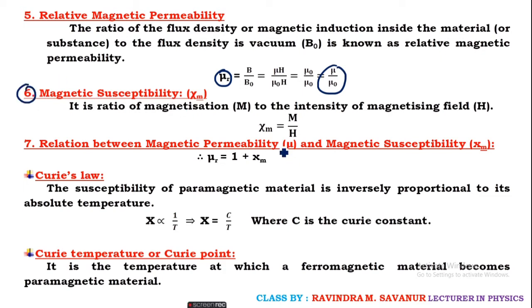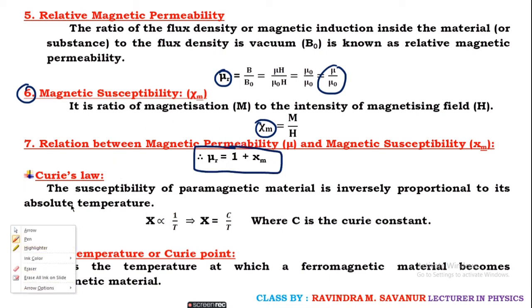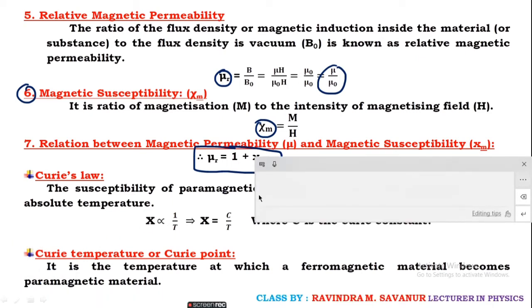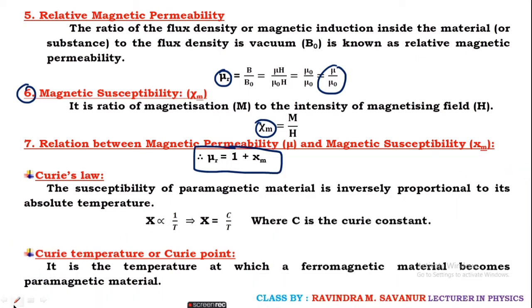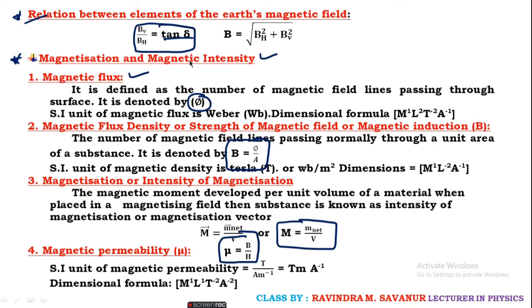Magnetic susceptibility, this is the symbol of magnetic susceptibility, chi equals M upon H. Relation between magnetic permeability and magnetic susceptibility is given by mu r equals 1 plus chi m. You just go through all these equations. These equations are very important in helping to solve the problems.